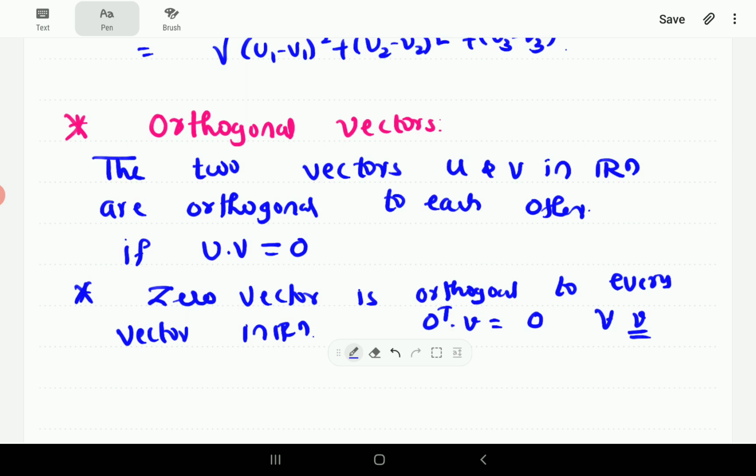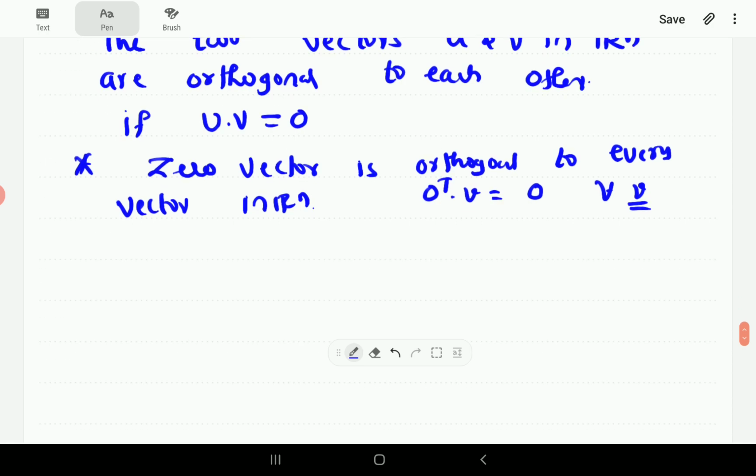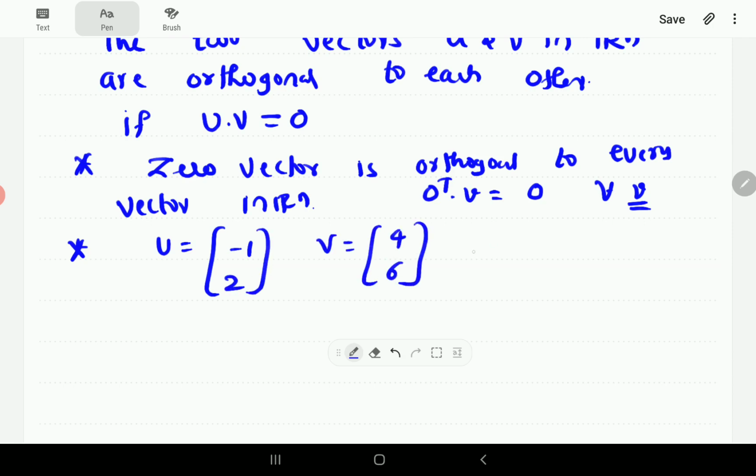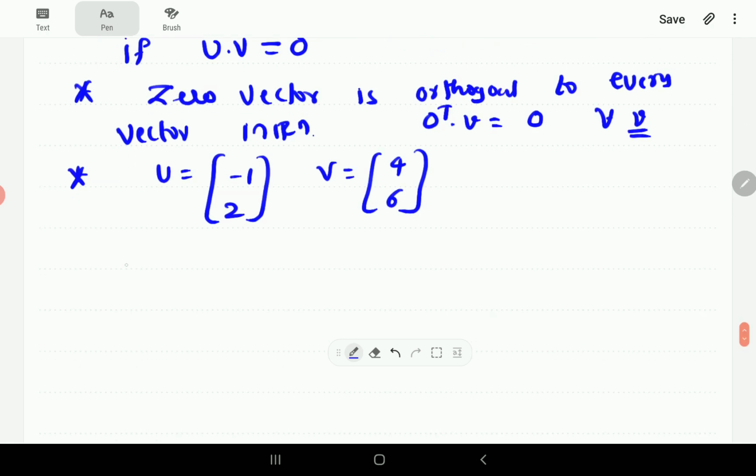Now let us see how we actually compute the quantities using vectors. Suppose you have u equal to (-1, 2) and v equal to (4, 6), and you have to find u dot u, v dot v, and u dot v.